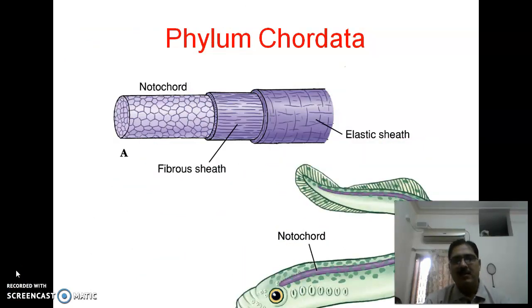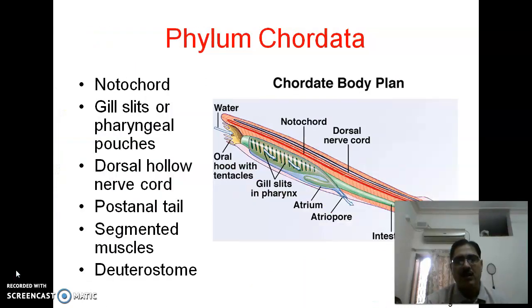Now let us see the fundamental chordate character, presence of notochord, which has a fibrous sheath surrounded by an elastic sheath.